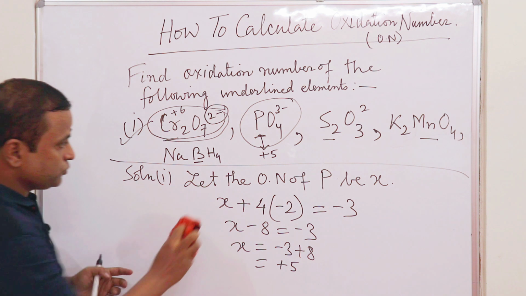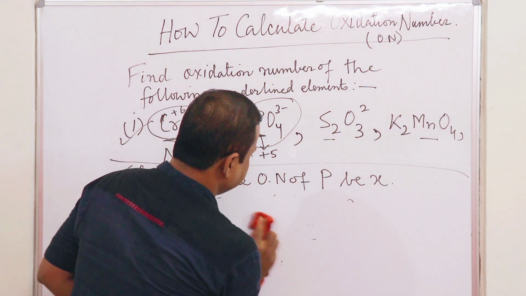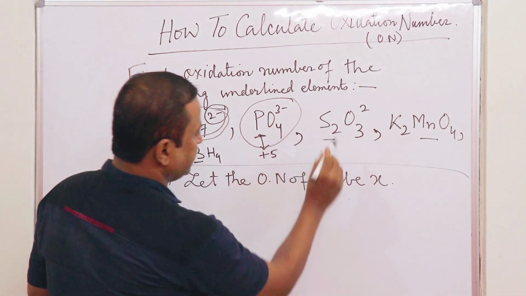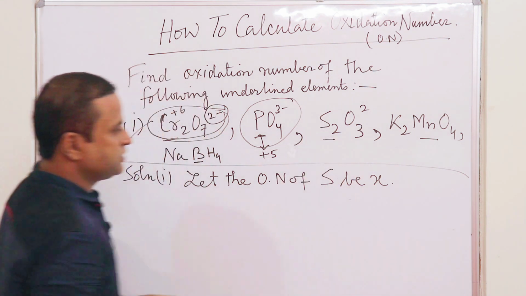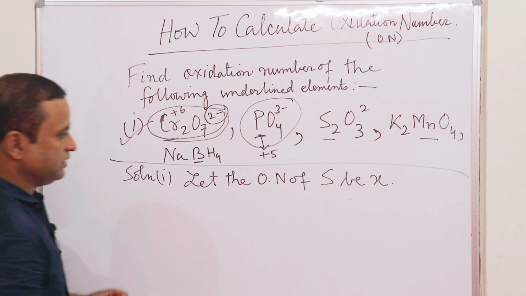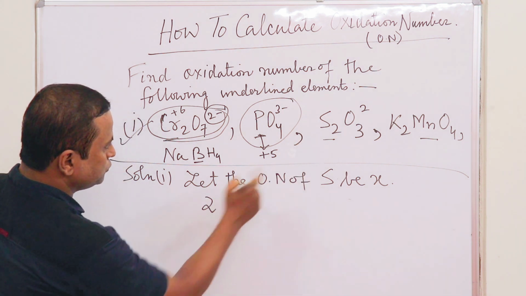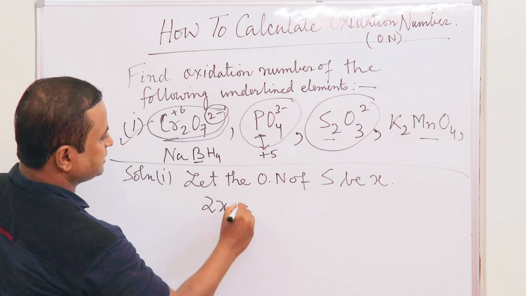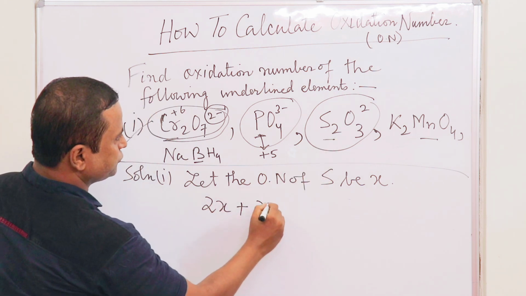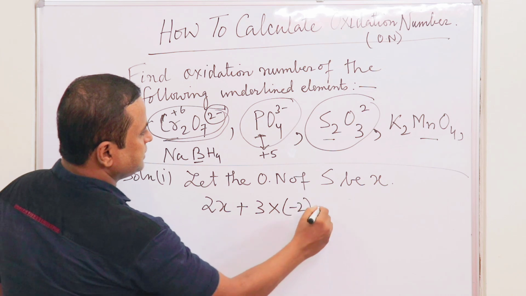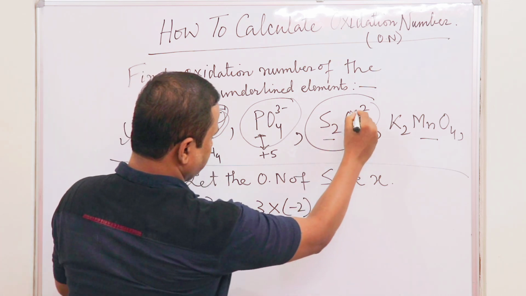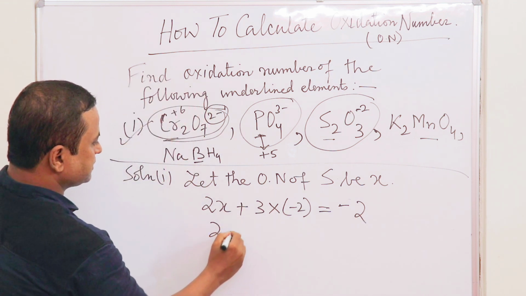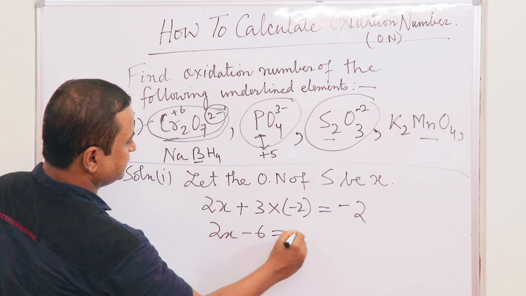Next, let us move on to the next ion, that is S2O3 2-. The underlying element is S, so let the oxidation number of S be x, that is the sulfur. There are two sulfur atoms, so we take 2x plus 3 oxygen atoms, 3 times -2, equal to -2.